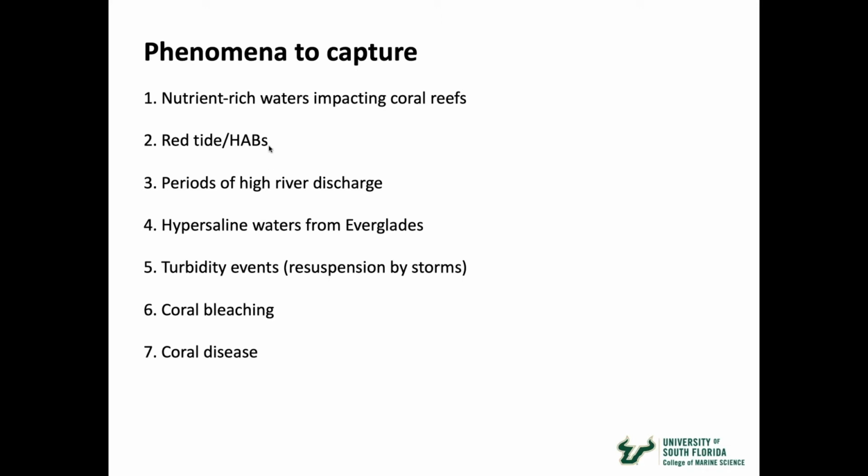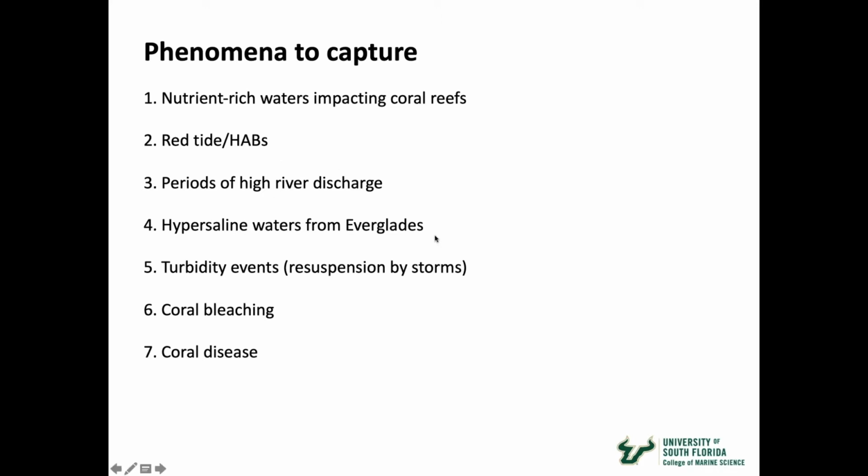We wanted to not only include satellite data, but also other in situ data that we could capture without doing too much heavy lifting ourselves. So we tap into data sources. River discharge comes from the USGS, and in the Keys we have some in situ buoy data that's run by the National Park Service.